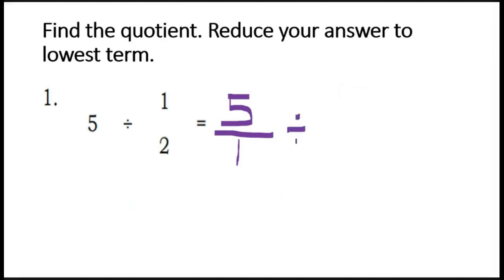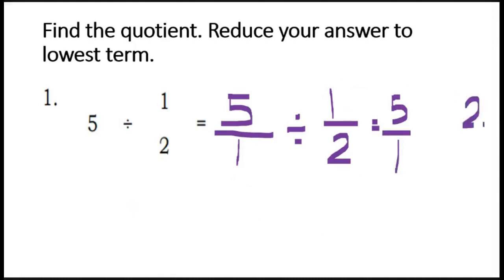In dividing, you need to reciprocal the second number or the divisor. Ayan. Ma'am, paano po iyan? Ganito. Reciprocal mo to. So, magiging, sulat mo ito, 5 over 1. What is the reciprocal of 1/2? That is 2 over 1.